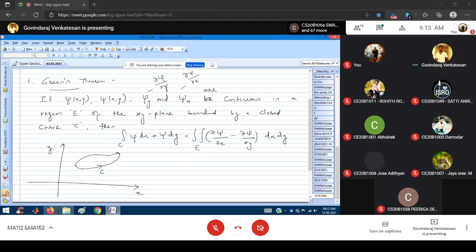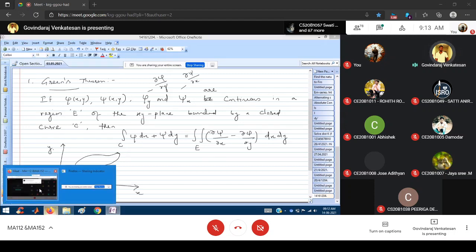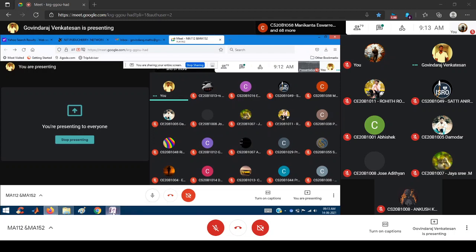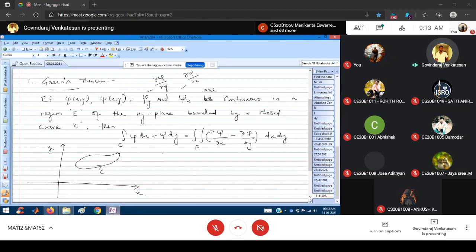So we have to find the value of the function phi dx plus psi dy within the curve C, which is nothing but the double integral of dou psi by dou x minus dou phi by dou y into dx into dy. That means the line integral over the curve C is nothing but the surface integral over the region E.